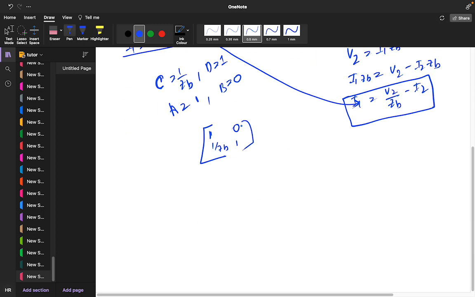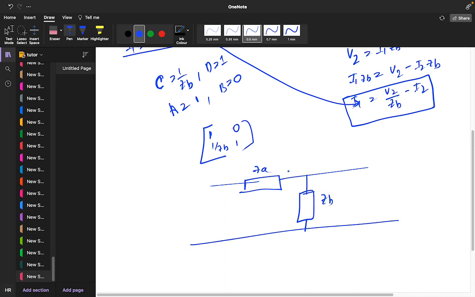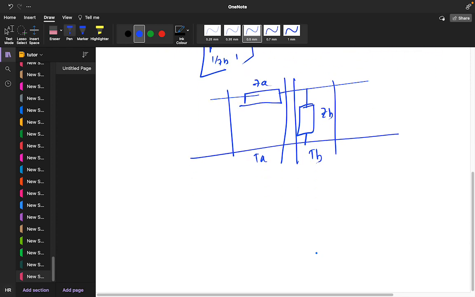So what I am telling is, for this particular network, the connection is ZA and this connection is ZB, so you know the transmission line of A and you know the transmission line of B. Transmission line of A, what result did we get?